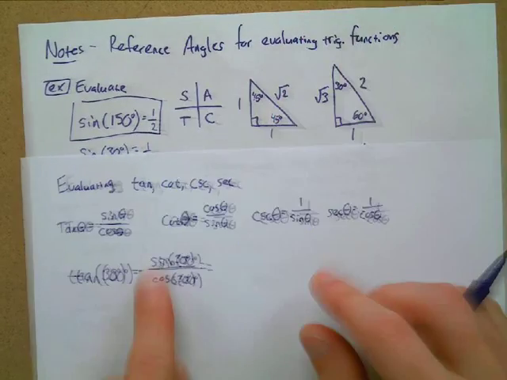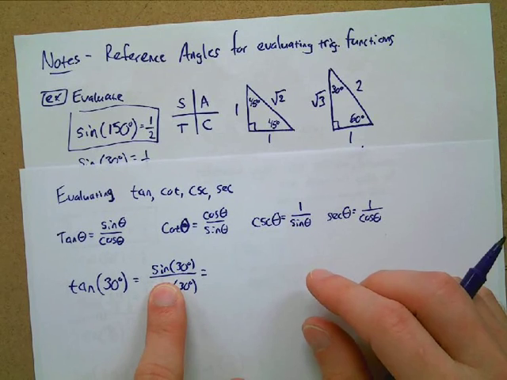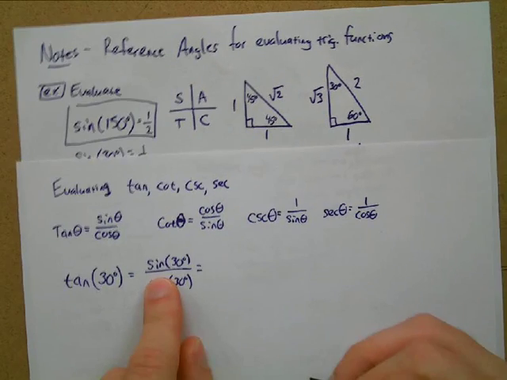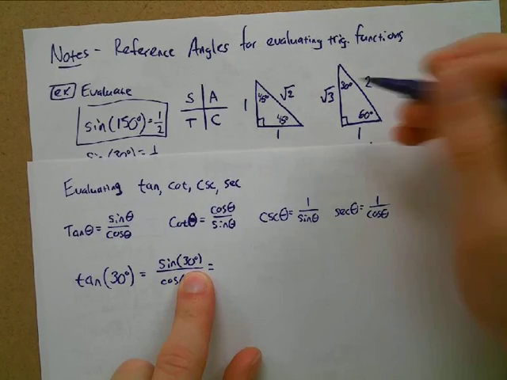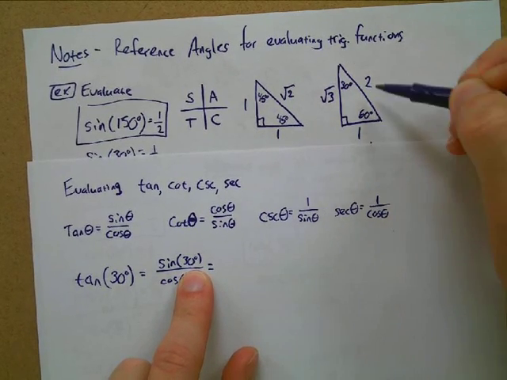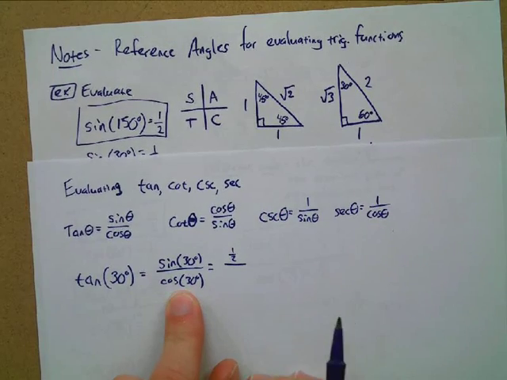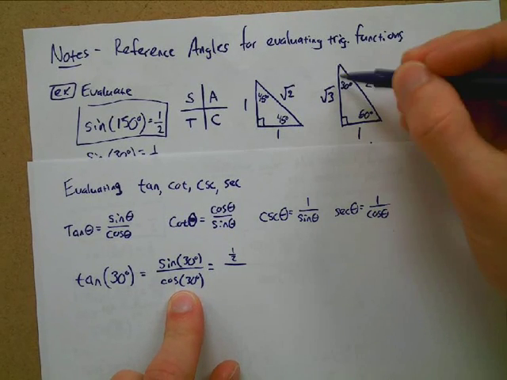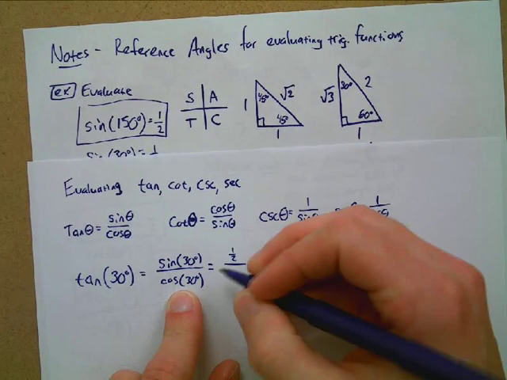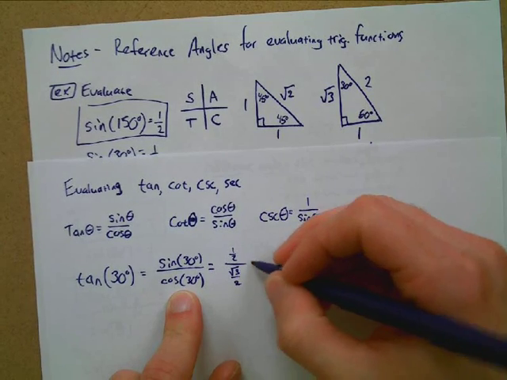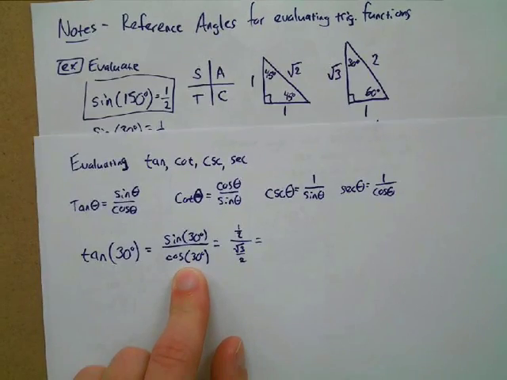Cosine is adjacent root 3 over hypotenuse 2. Dividing by a fraction is the same thing as multiplying by its reciprocal. So dividing by square root of 3 over 2 is the same thing as multiplying by 2 over square root of 3. The 2's cancel out, and we're left with 1 over the square root of 3, or if you rationalize, it's root 3 over 3.